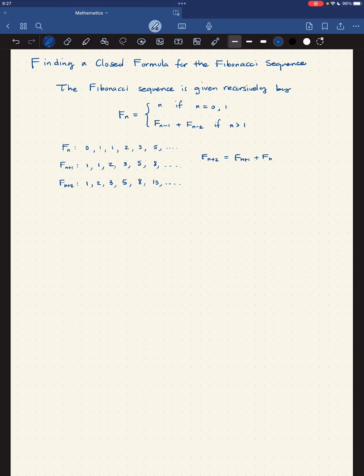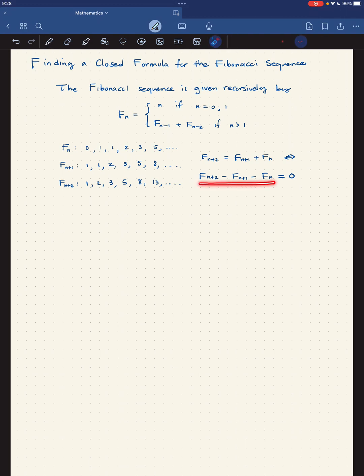I may rewrite this in the following equivalent fashion as f of n plus 2 minus f of n plus 1 minus f of n equal to 0. This is clearly a recurrence equation. Moreover, it's linear. So once we put it in this way, we observe that we have in some way codified the shifts in the expression itself.